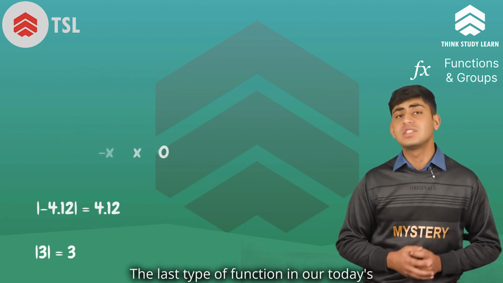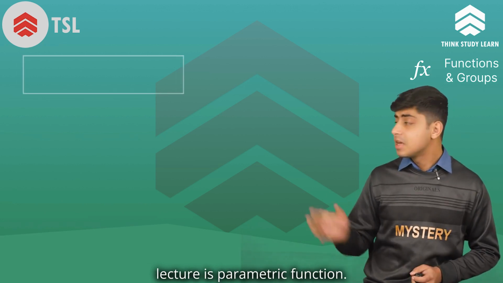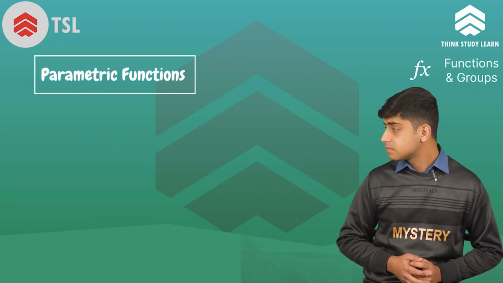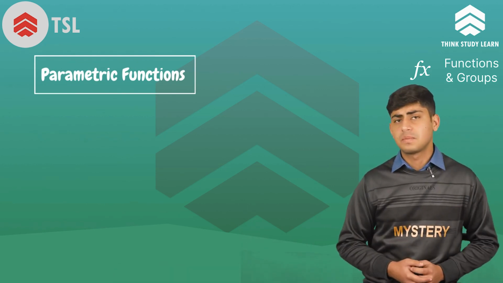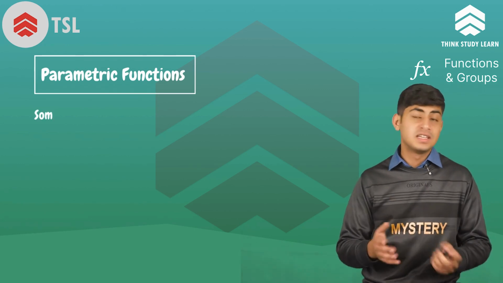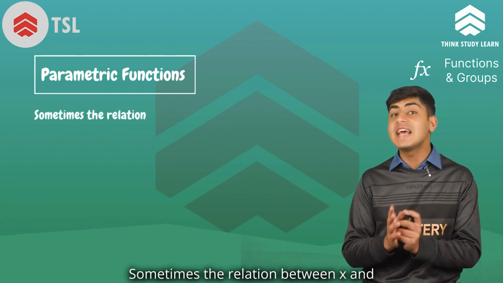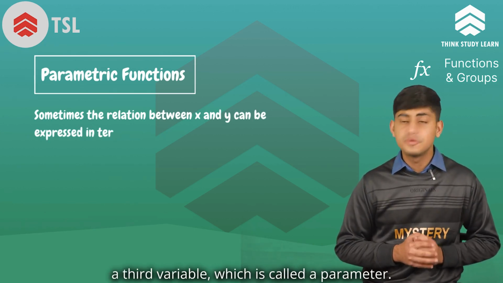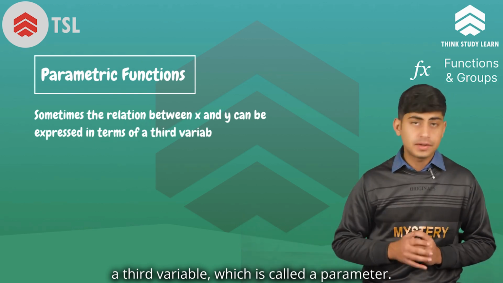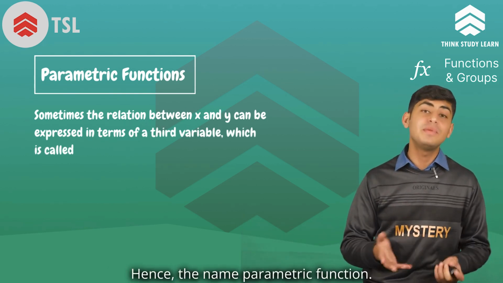The last type of function in our today's lecture is parametric function. Now, what actually is parametric function? Sometimes the relation between x and y needs to be expressed in terms of a third variable, which is called a parameter. Hence the name parametric function.